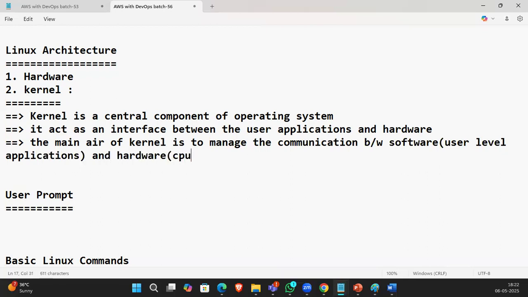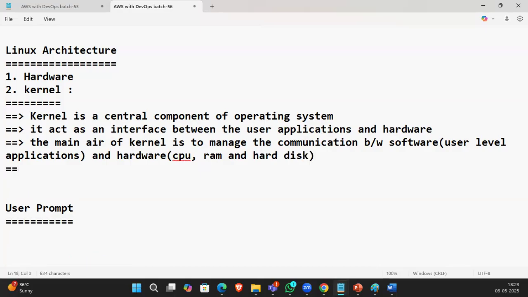So what hardware contains? CPU, RAM, disk, and hard disk, right? So the main aim of the kernel is to manage the communication between software and the hardware.